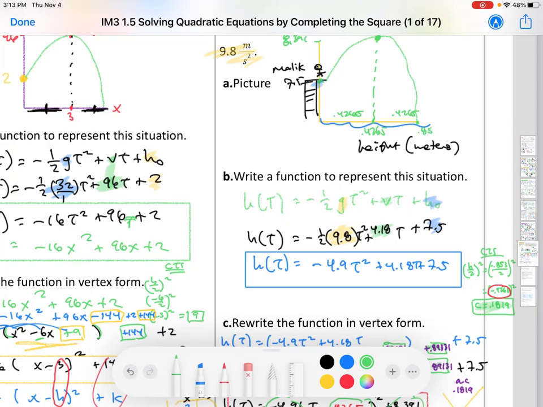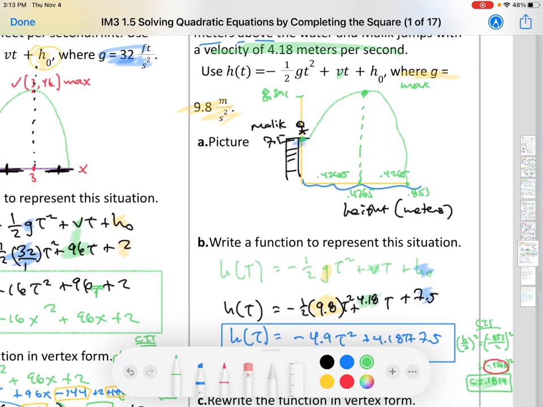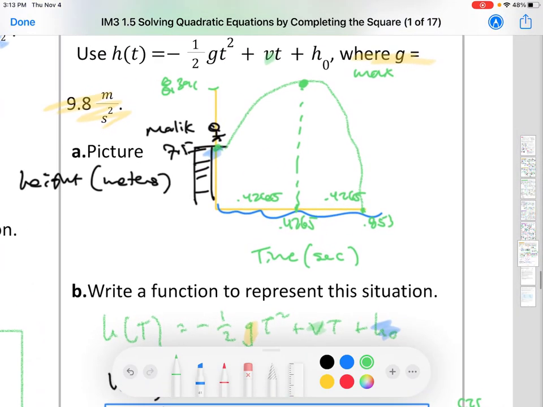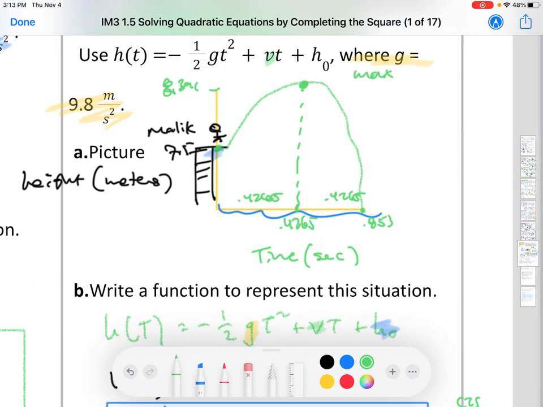This will be 0.853. So after less than, what? Why did I write height? Sorry, yelling at myself. This is time. This over here is time measured in seconds. Okay?